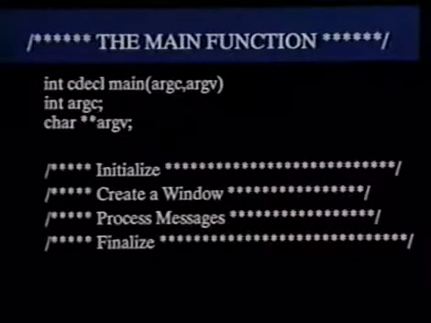All right, at this point then, let's go look at the main function. So the main function looks like any other standard C function that's going to have 4 parts. Like any other program, there's going to be an initialized part, and then at the bottom there's going to be a finalized part. And in between, we will create a window, and then we will process some messages.